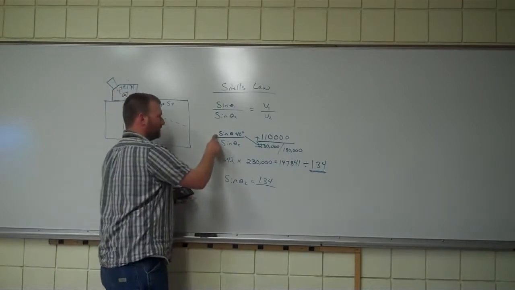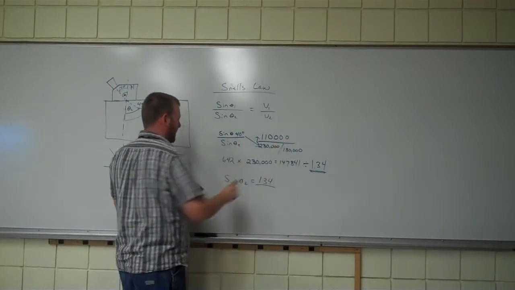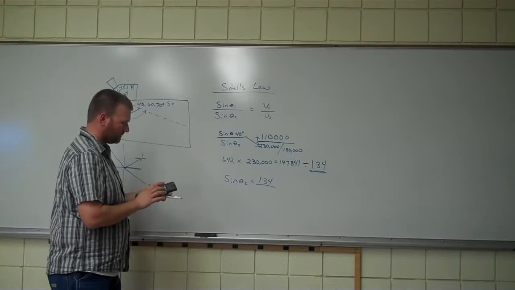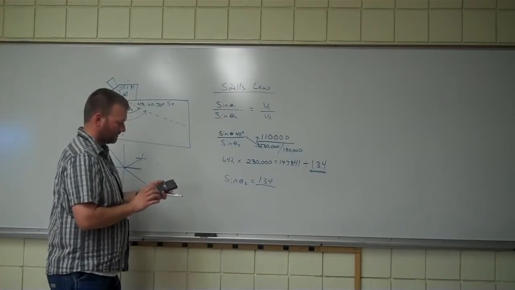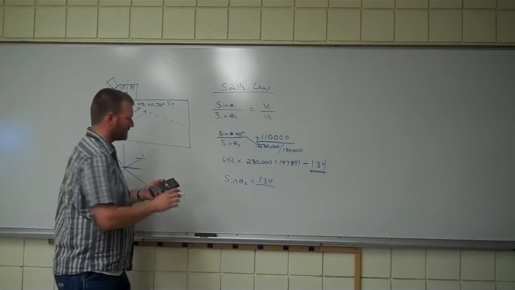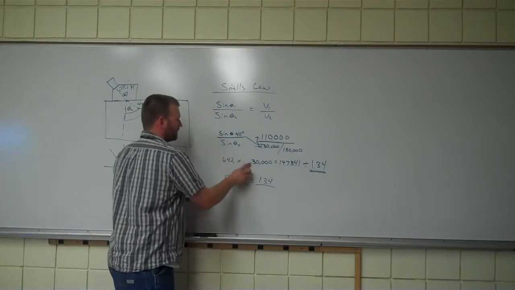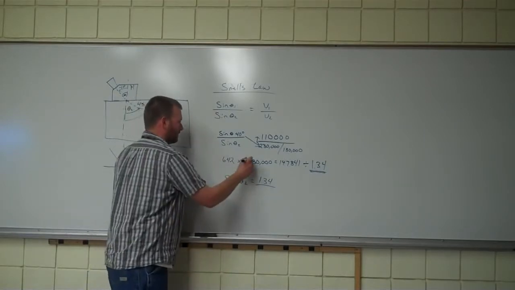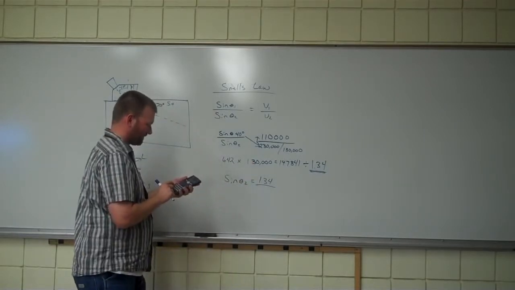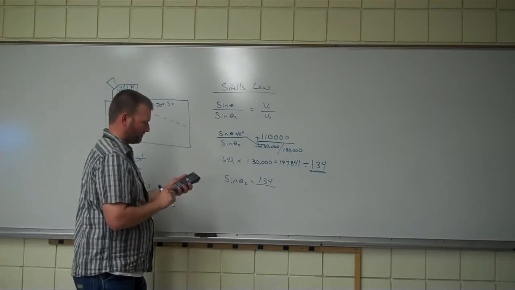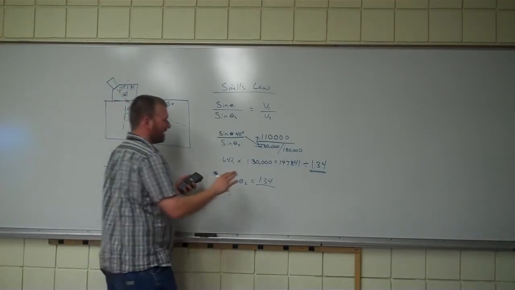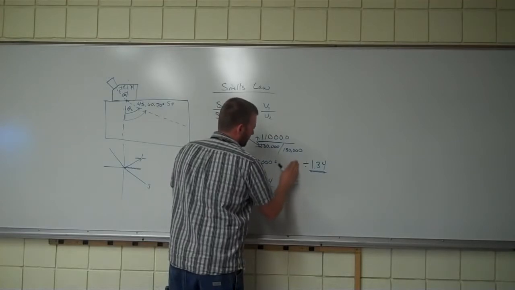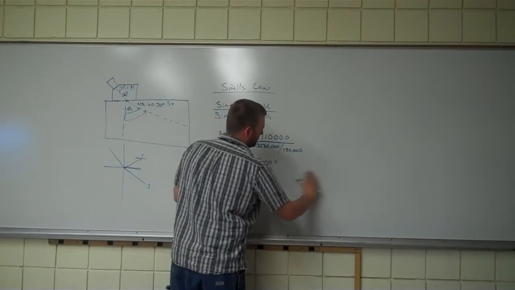Let's go back here. This times this divided by that. Sine of 40, 0.642 times, instead of 230,000, we're going to say 130,000 this time. That's 83,562. So that's much better.